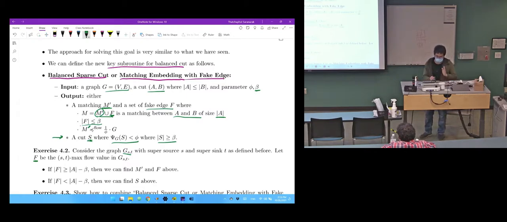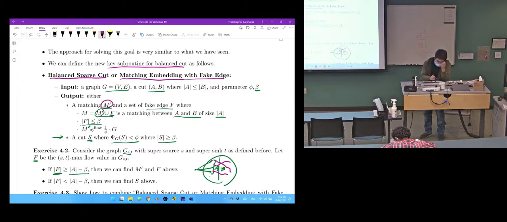The threshold used to be exactly A. Now you say that as long as the size of the flow is at least A minus beta, it means that for most of the nodes in A, more than A minus beta, you can send some flow to B. This will correspond to M'.